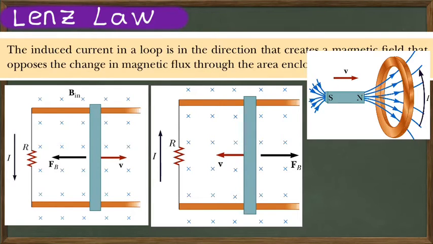If the intensity of the magnetic field is increasing, then the flux will increase. So it will produce a current in such a way that this current will produce a magnetic field that will decrease the flux. If you curl your fingers like this, it will produce a magnetic field in this direction, and it will oppose the increasing magnetic field lines through the ring.